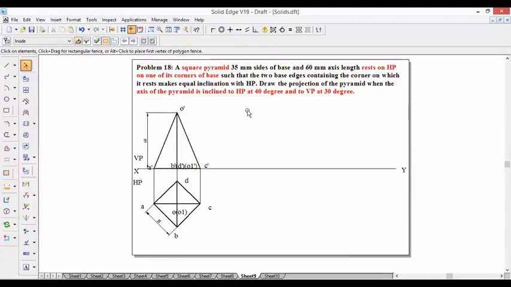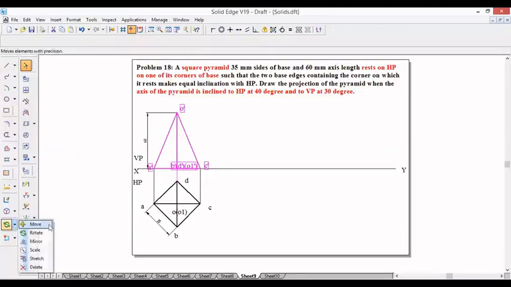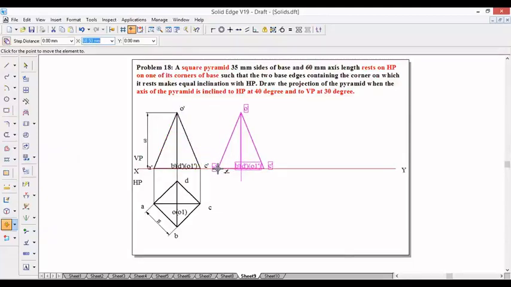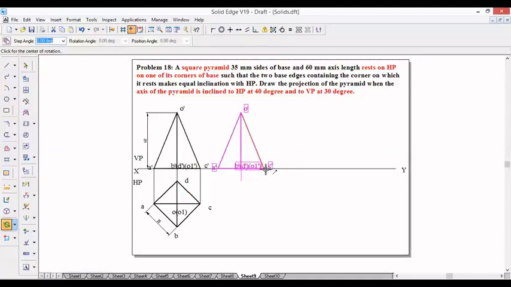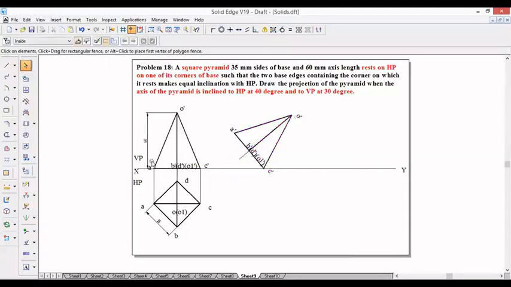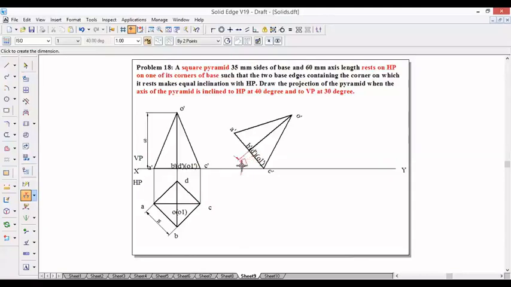The axis is inclined 40 degrees to HP, for which I make use of the first position front view. Use the modifying command move with copy on, move from here to here. Then rotate the same in such a way that the base is inclined. Since the axis is inclined 40 degrees to HP, the base will be inclined 50 degrees to HP, that is 90 minus 40 equals 50. Let us measure the angle between these two.